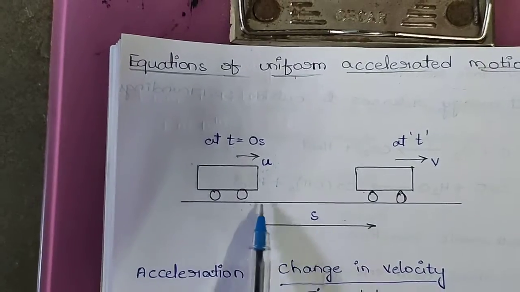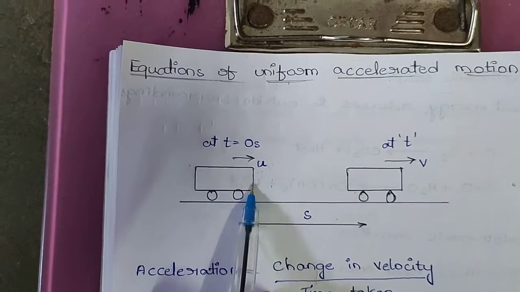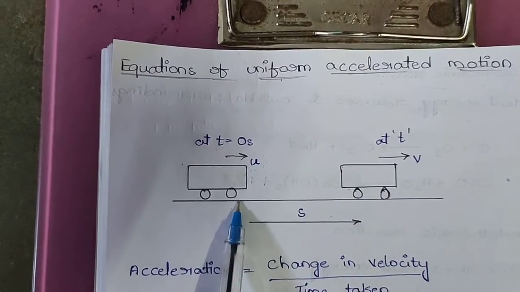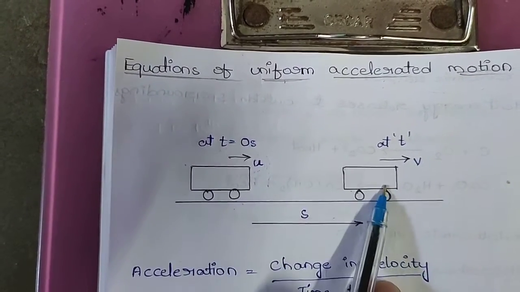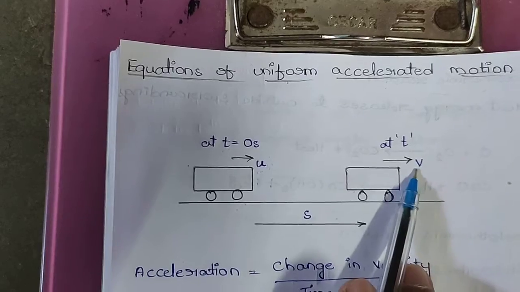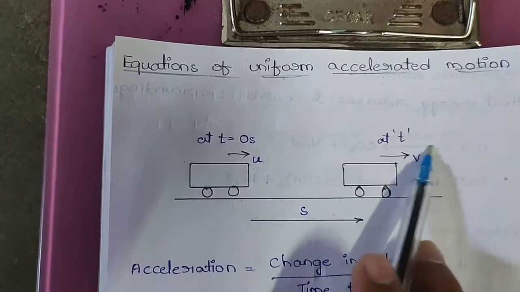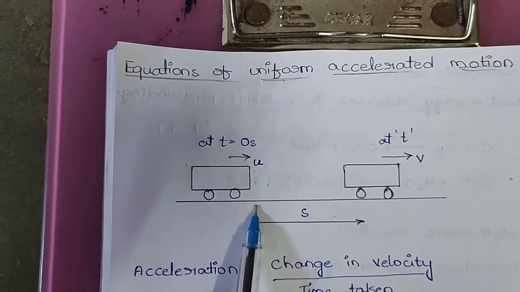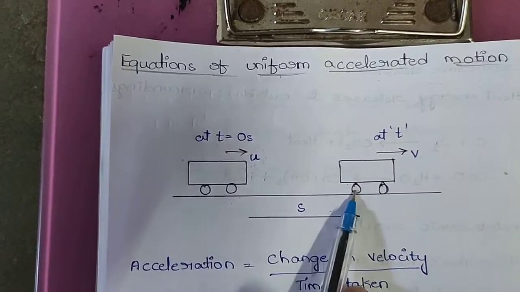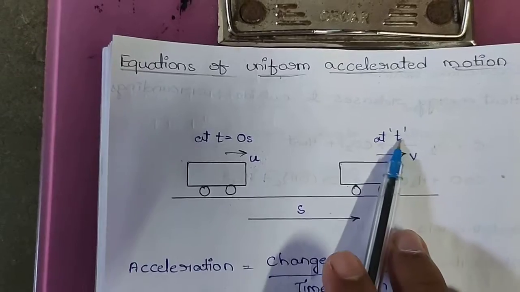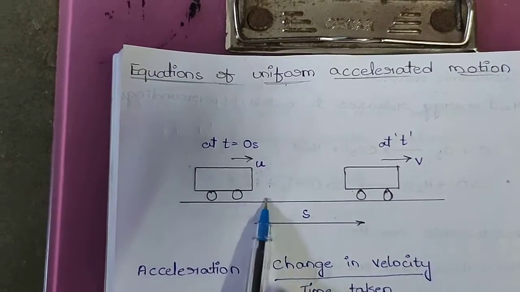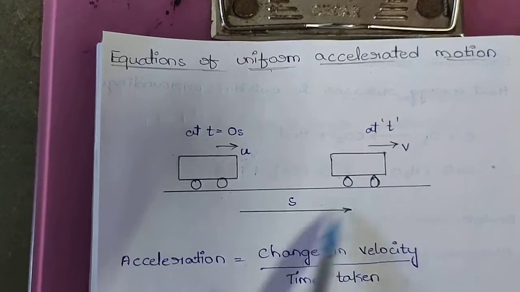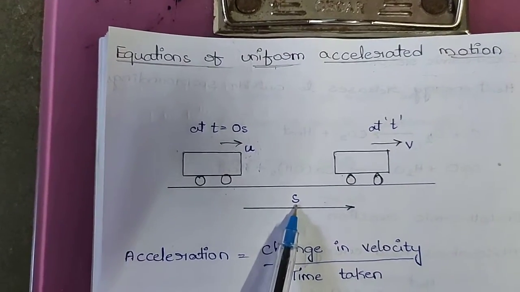Now s is my displacement, the vehicle is moving from the initial position to the final position, and small v is my final velocity. The time taken to cover this displacement is small t.